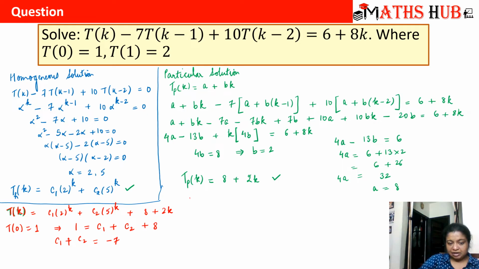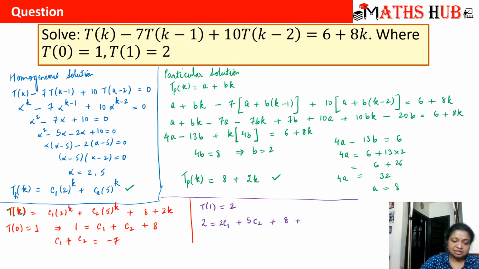Right? Now let us apply the second initial condition. The second initial condition is T of 1 is equal to 2. So 2 is equal to C1 into 2 plus 5 into C2 plus 8 plus 2, right? So you can see 8 plus 2 is 10 and 2 gets cancelled.